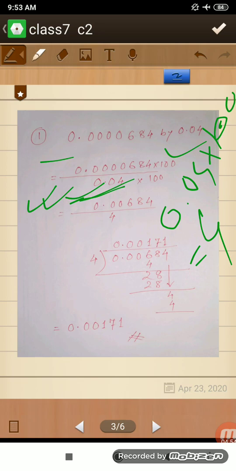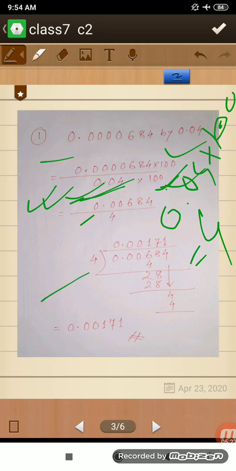So when you multiply by 100 in the denominator, you have to multiply in the numerator also. So multiplying by 100 in the numerator, it will be 0.0684. Now direct division.